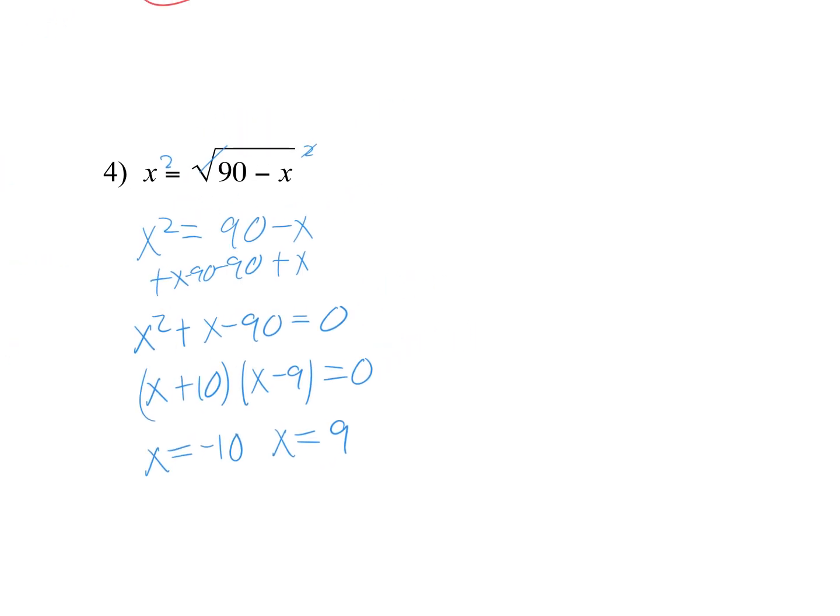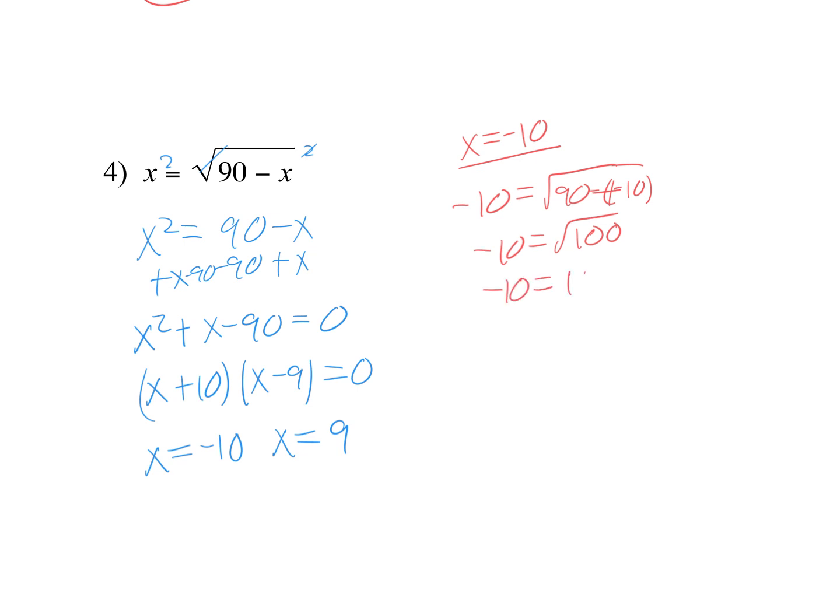All right, let's check these answers. I'm going to first check x equals negative 10. So we get negative 10 equals the square root of 90 minus negative 10. Minus a negative is plus, so I get negative 10 equals the square root of 100. So negative 10 is the square root of 100, which is 10, and that's not true.